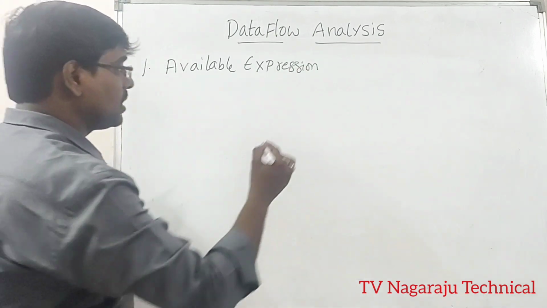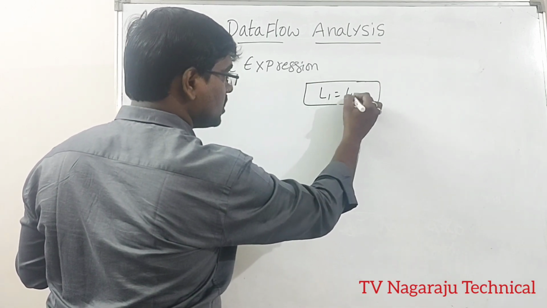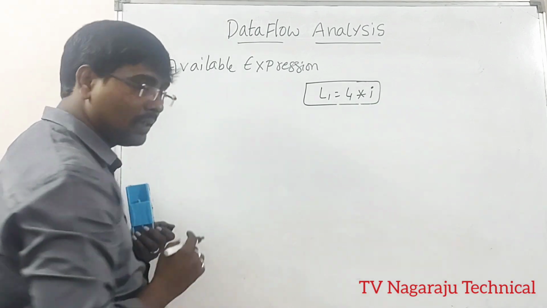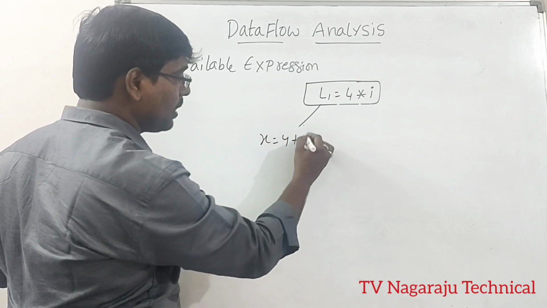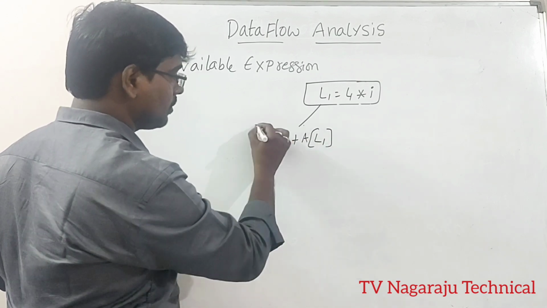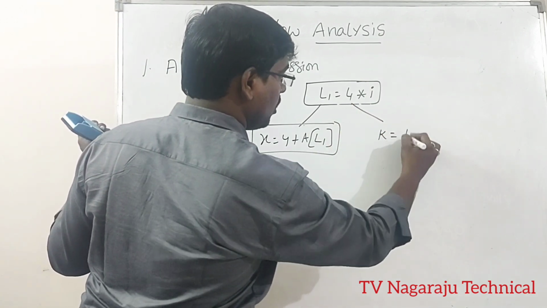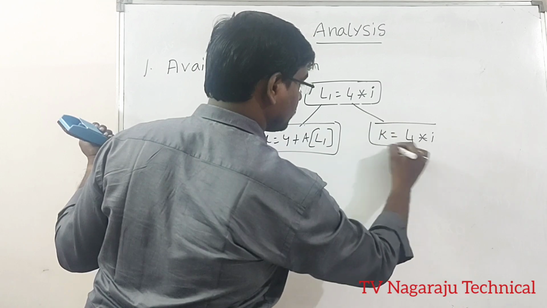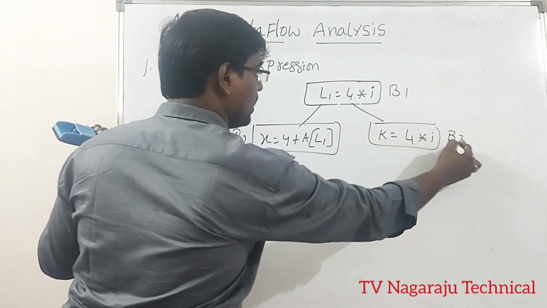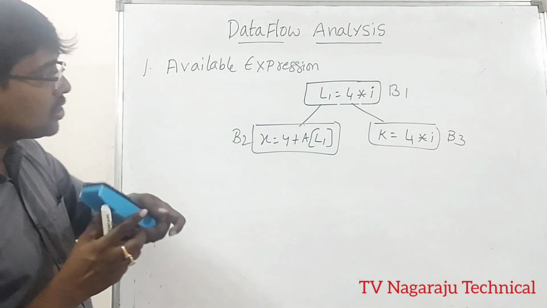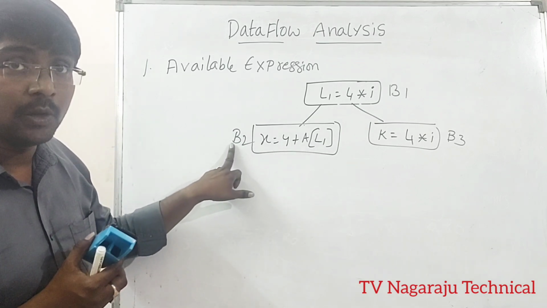I will give you one example. For example, L1 is equal to 4 into i. Here x is equal to y plus a of L1. Now here k is equal to 4 into i. Assume these are block B1, block B2, block B3. Observe here the expression 4 into i is available for block B2. Why?